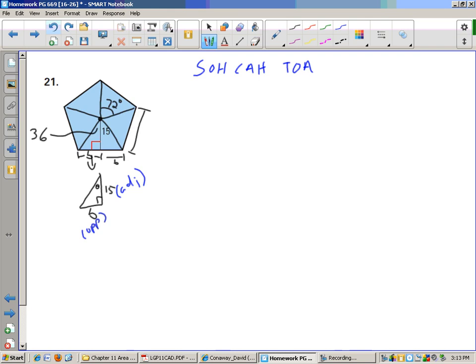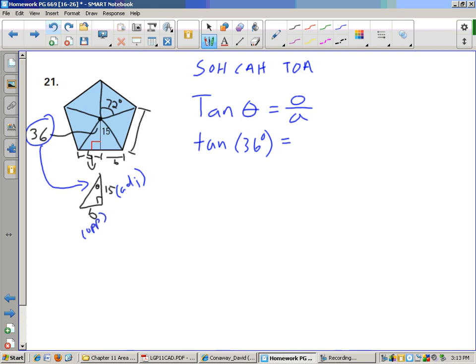So what one uses opposite and adjacent? Toa, right? All right, so tangent theta equals opposite over adjacent. So now I just need to rewrite this and say, look, tangent of 36 degrees is what theta was, right? This is our theta here, 36 degrees, equals opposite, which we said was B, over adjacent, which we said was 15.